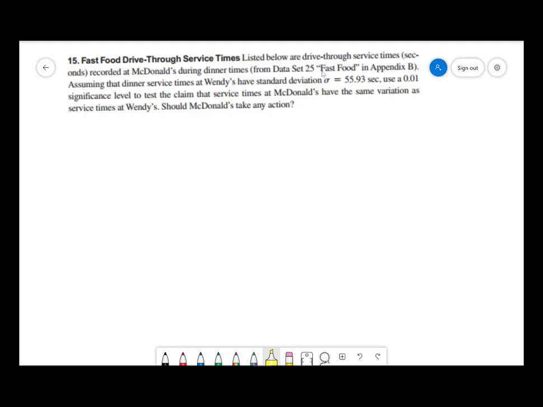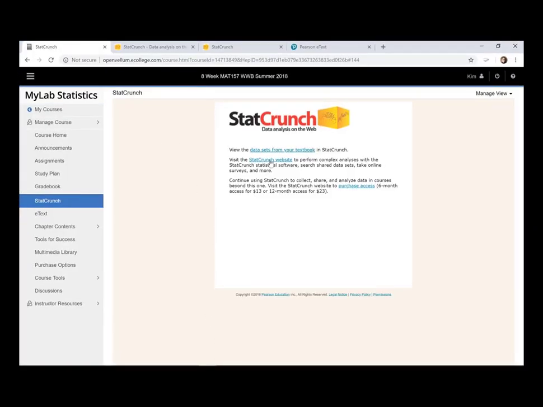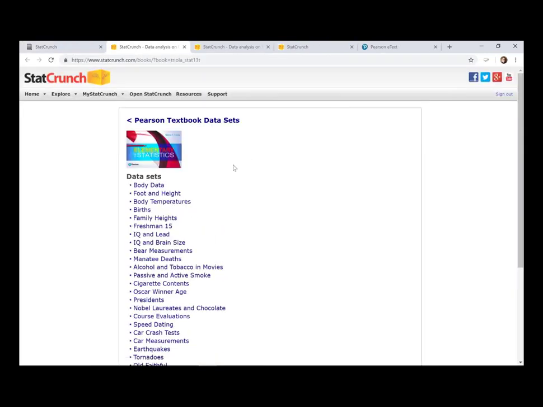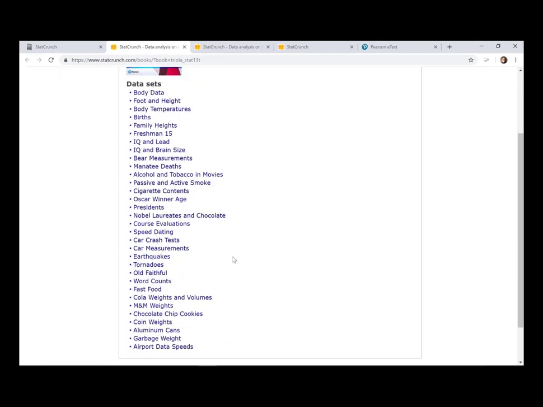I'm going to pull up the data set. We're going to do it with the entire data set. So I'm going to go to StatCrunch. When we use a data set from our textbook, we use this link right here. And I want to do data set fast food.